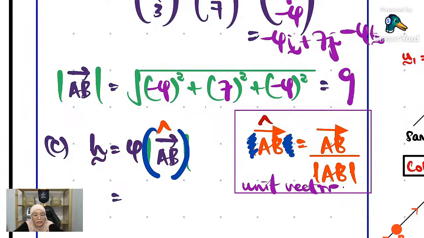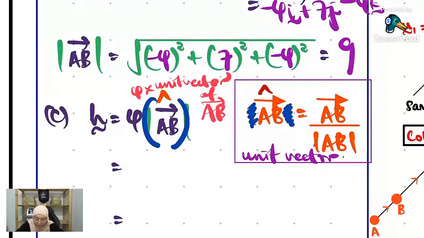What I'm trying to say is we just need to times with its unit vector, okay? Write it down: 4 times the unit vector of AB. That's all. There is no modulus at all in this question, okay? Be careful with that.